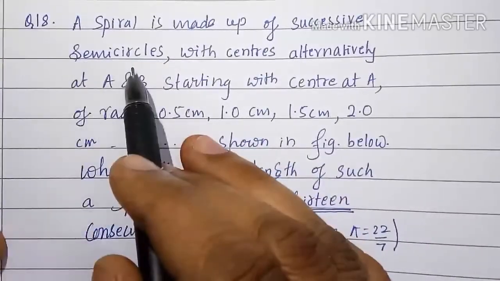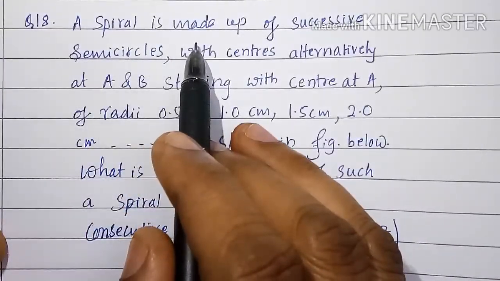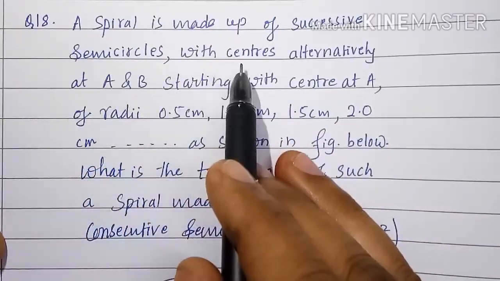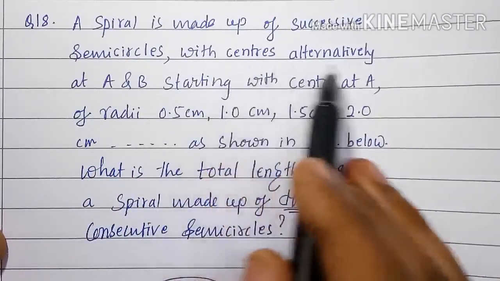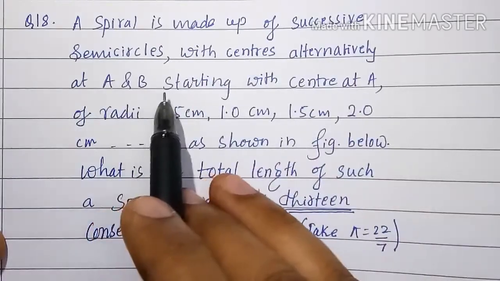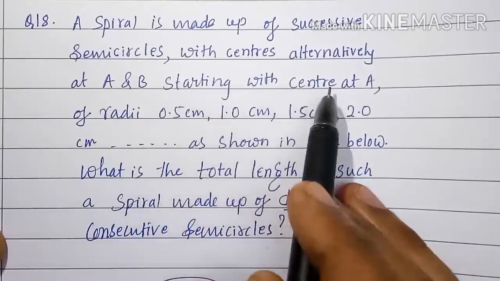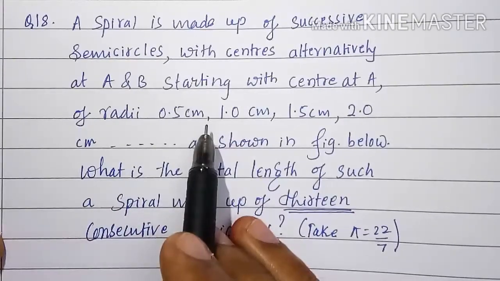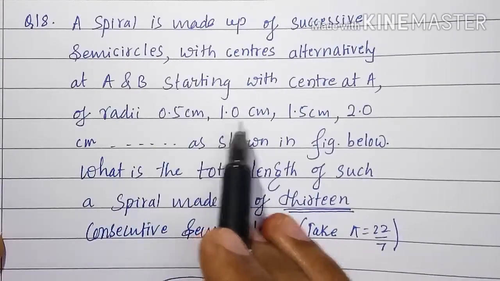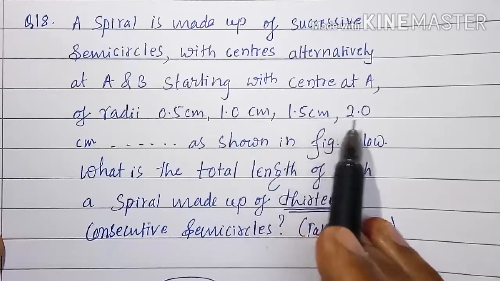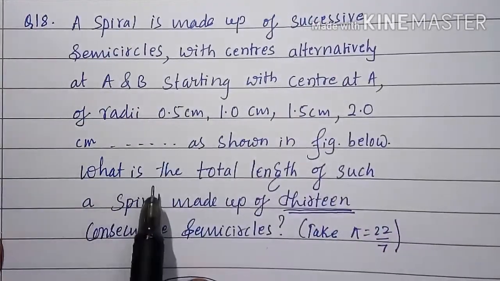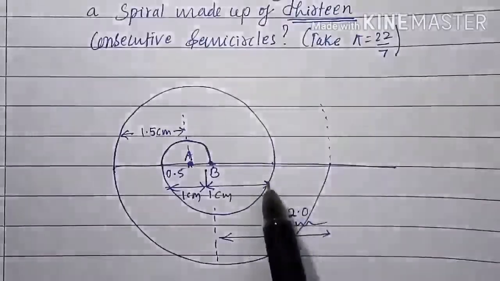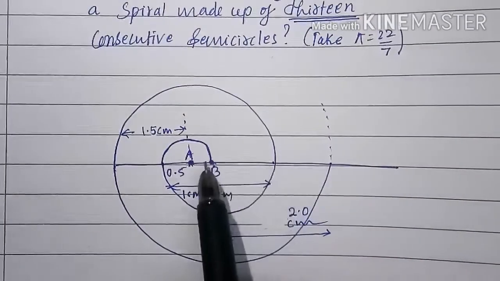Question number 18. A spiral is made up of successive semicircles with centers alternately at A and B, starting with center at A, of radii 0.5 cm, 1.0 cm, 1.5 cm, 2 cm as shown in the figure below. The mentioned figure is here.